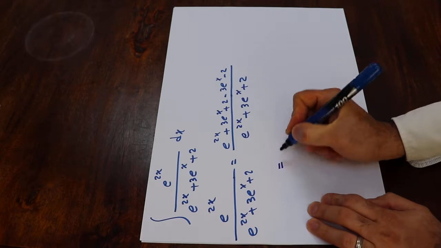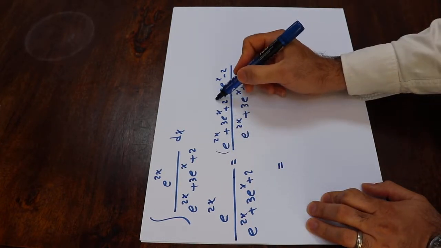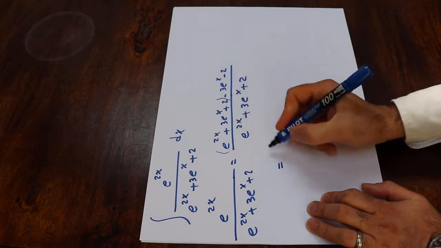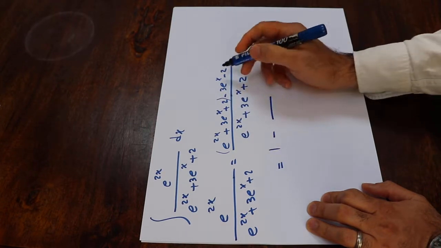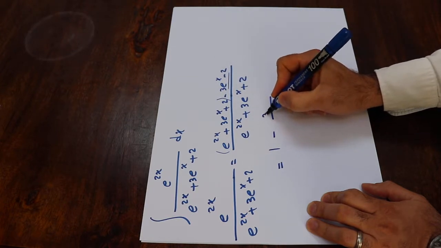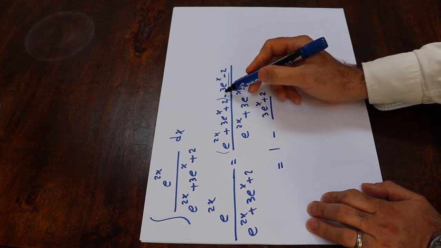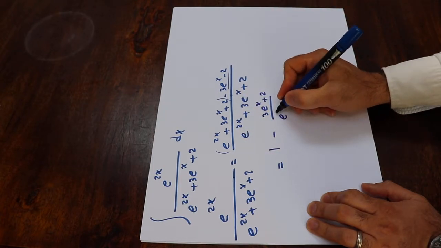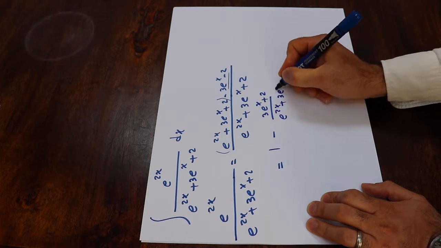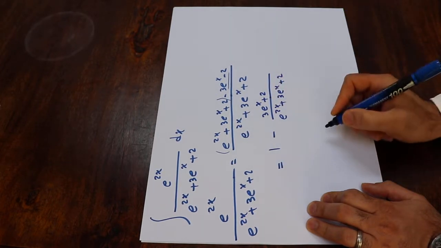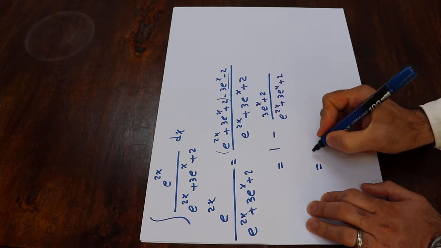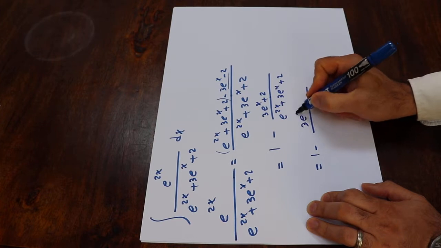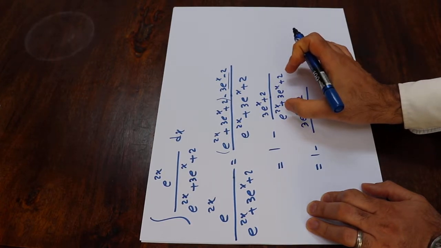Okay, so now you can rewrite this as this part divided by the denominator, that will be the 1, minus the second part, which is 3e^x + 2, so I factor the minus out here, divided by the denominator e^(2x) + 3e^x + 2. So this is equal to 1 minus (3e^x + 2) divided by this term.